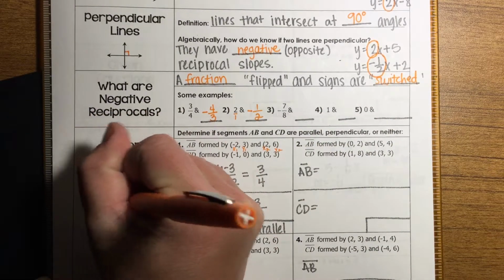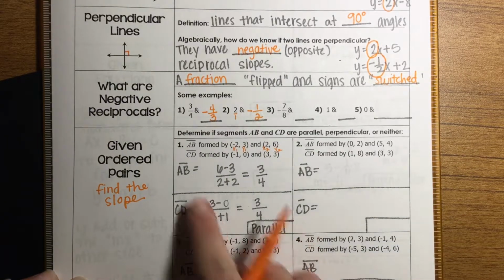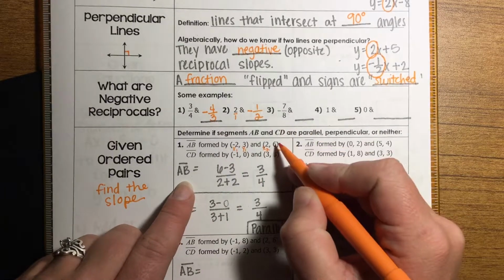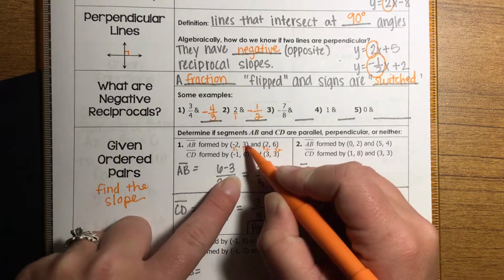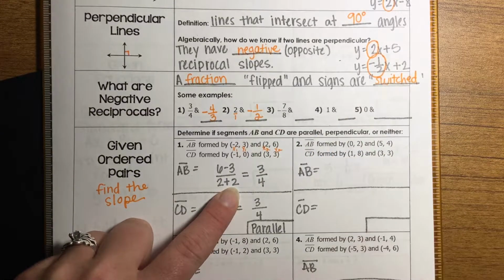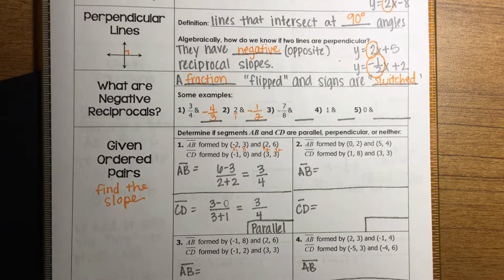If I'm going to compare the slopes, I first have to find the slopes. Looking at AB, the one I just labeled, I have y2, which is 6, minus y1, which is 3. I have 2 minus a negative 2, which changes to a positive.